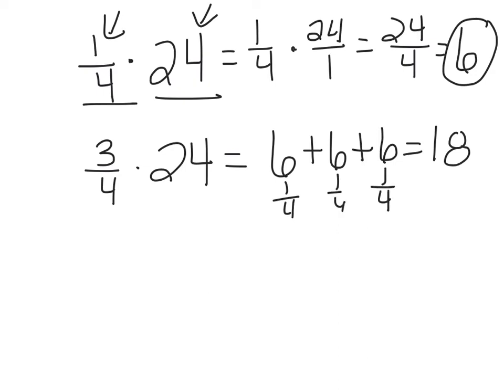So if 1/4 of 24 is 6, then 3/4 would be 3 times 6, which would give us 18. And again, the product is greater than the fraction, but less than the whole number.